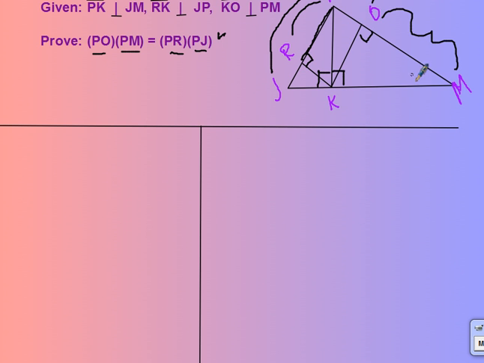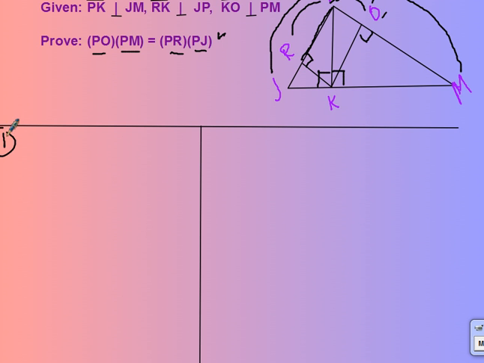PO times PM. What am I looking at here? We're looking at this one again. So it's pretty much a similar statement that PK again. If we're using this right triangle, the altitudes cutting segments, I think we got it here.